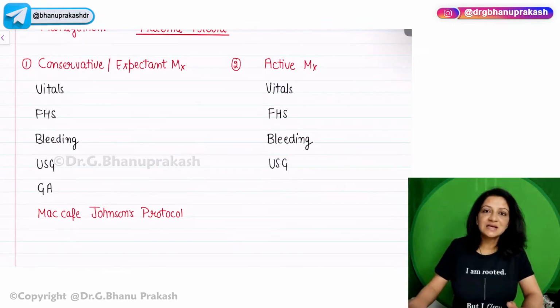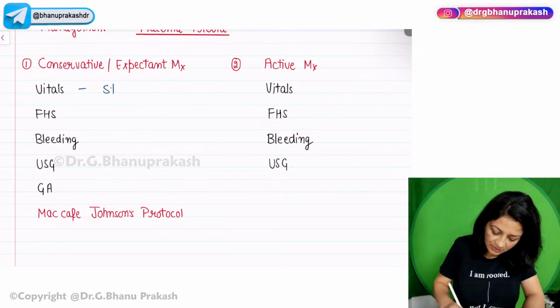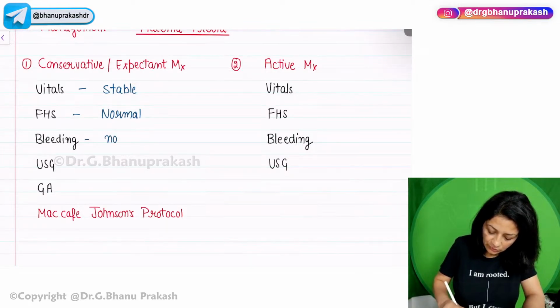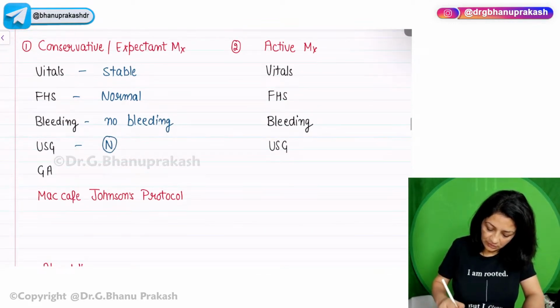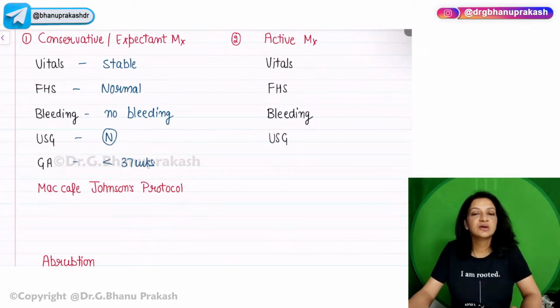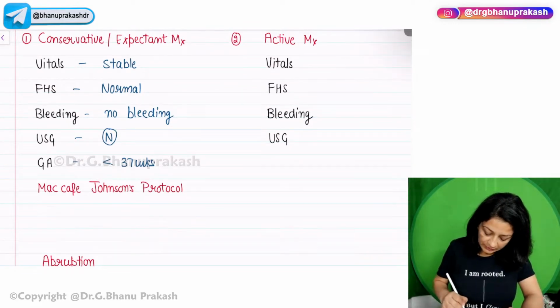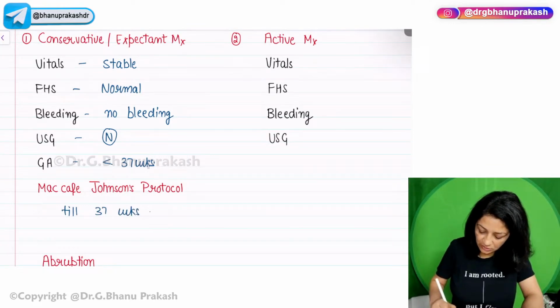So if the vitals are stable, fetal heart rate is normal, no bleeding, ultrasound normal and period of gestation is less than 37 weeks, then according to McCaffey-Johnson's protocol, take the pregnancy till 37 weeks, then do cesarean section.